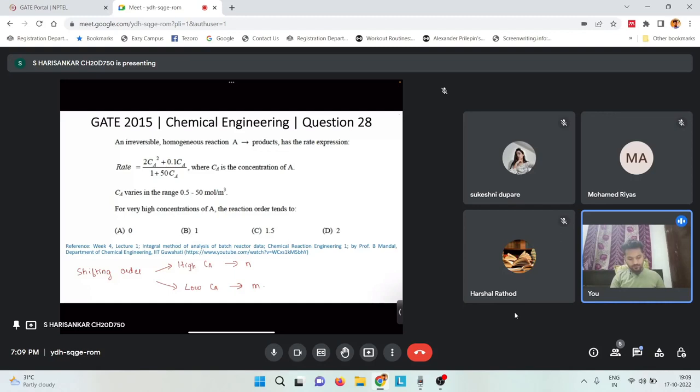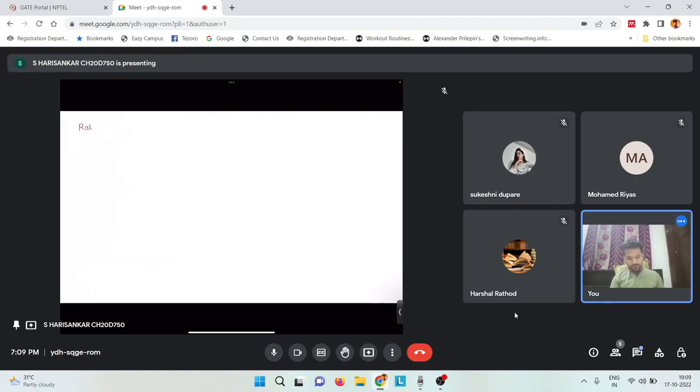So first, let us write down our rate equation. Minus Ra is equal to 2 Ca square plus 0.1 Ca by 1 plus 50 Ca. So here Ca is very high.